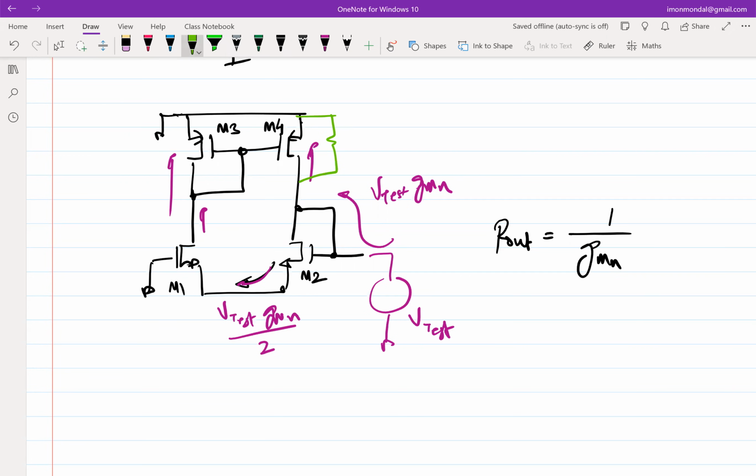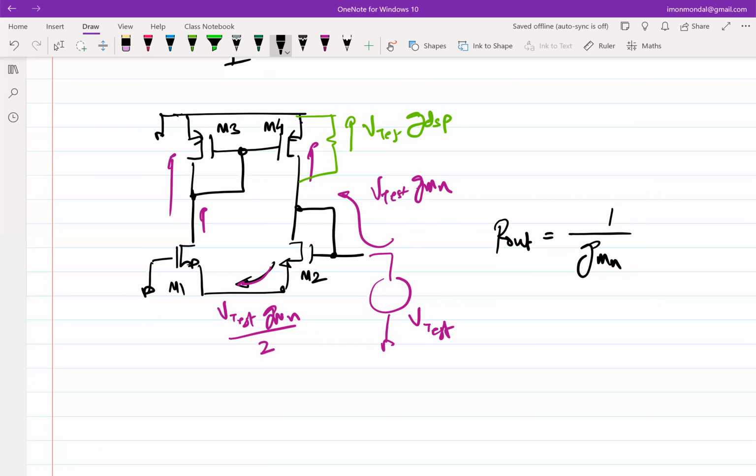There will be slight variation, yeah, but what will be that current? VTest times GDSP. So I am neglecting VTest times GDSP with respect to VTest times GMN, right? So good enough approximation? Fine.